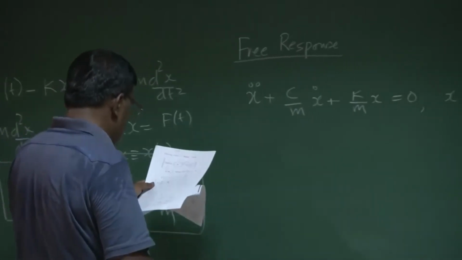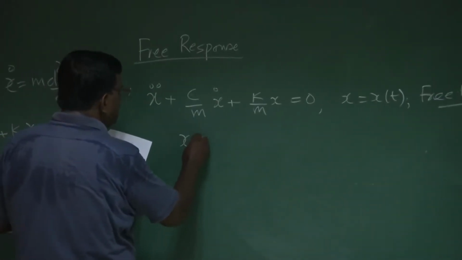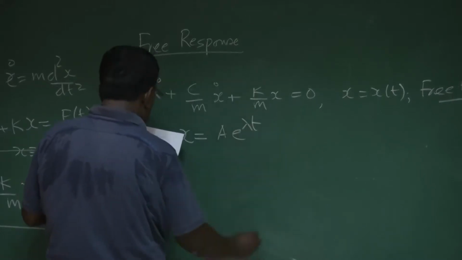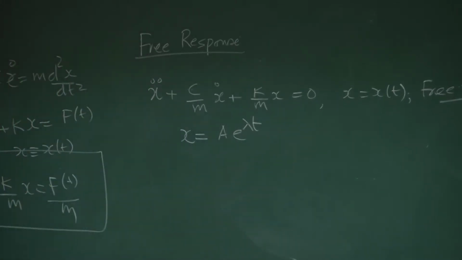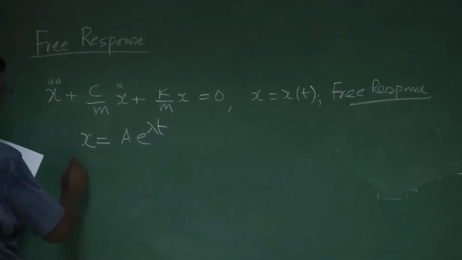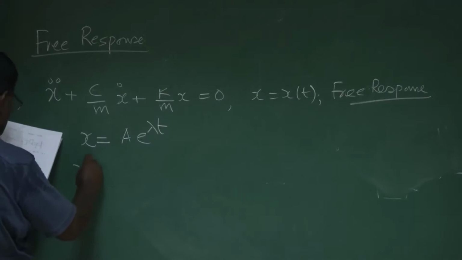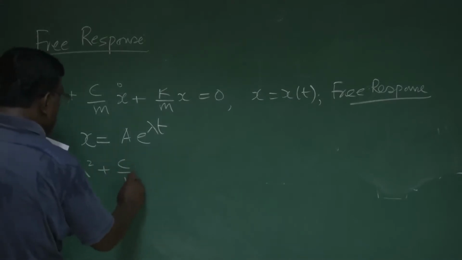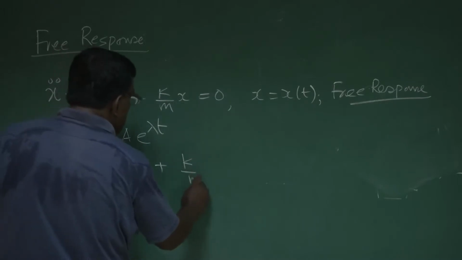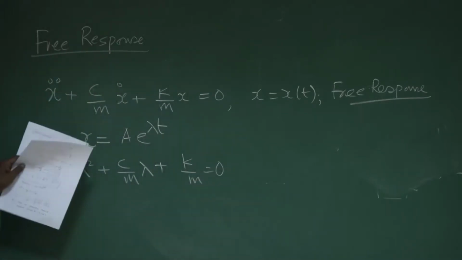Okay. If I do this, now you know for this sort of a differential equation, x equal to e to the power lambda t is a possible solution, and if I put it here, I get lambda square plus c by m lambda plus k by m equal to 0. What have you done?